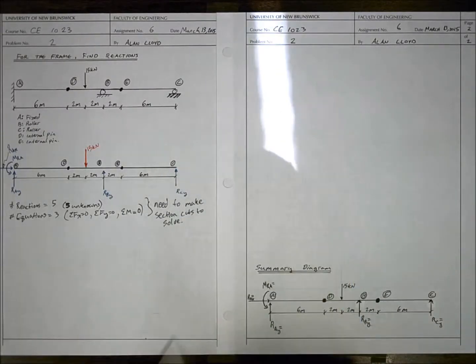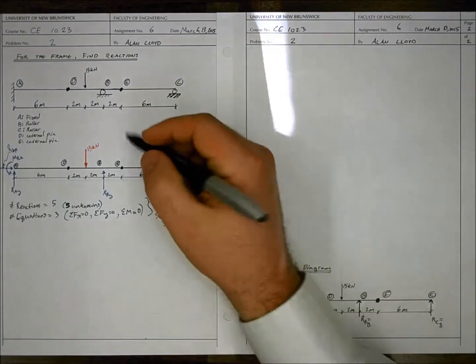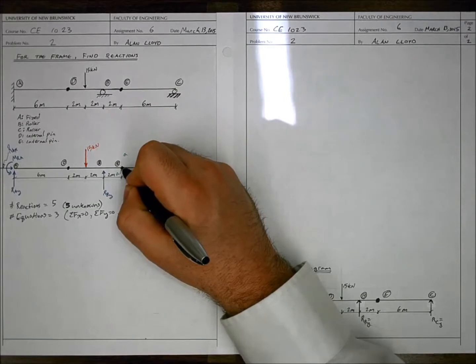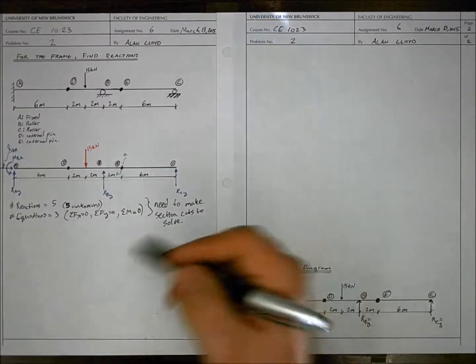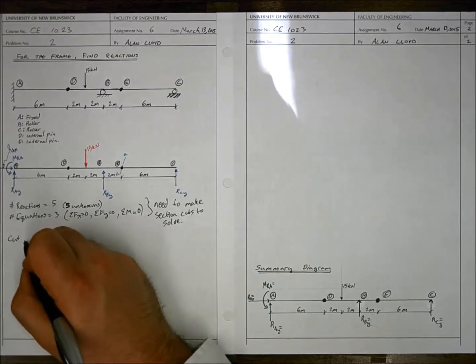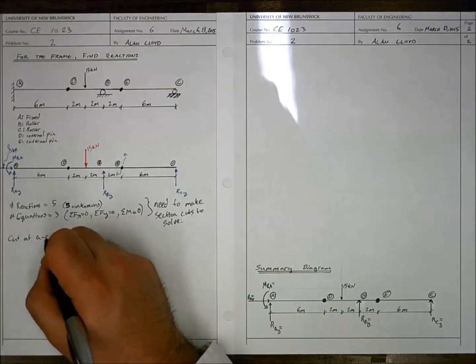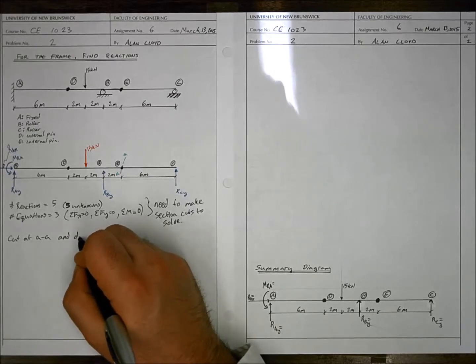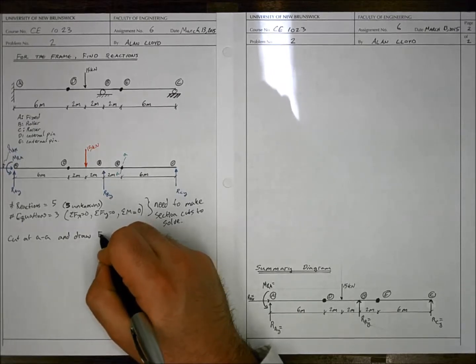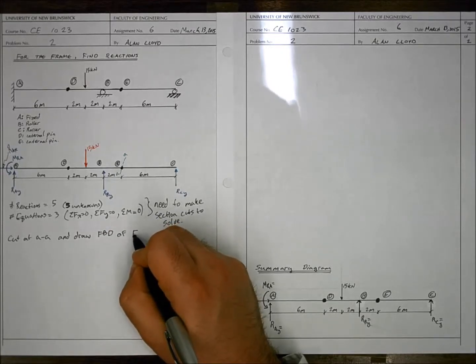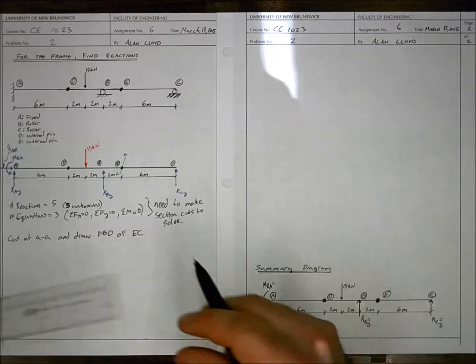So if we take a first cut, that location we'll define as AA here, and we're going to cut right through that internal pin at E. So we'll cut at AA and draw the free body diagram of EC, so the right hand side of the cut.